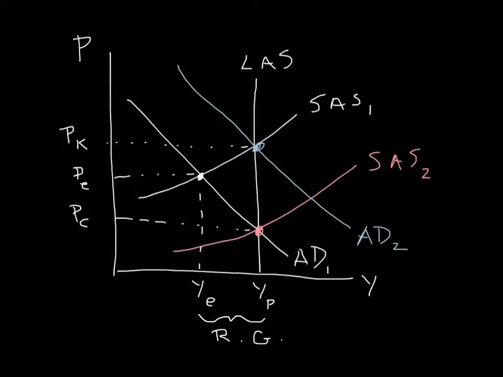One comment that we can make here is that the idea of waiting, the classical idea of waiting for this short-run aggregate supply curve to shift down and to the right, that may take a very long time. For example, look at the Great Depression or look at Japan during the first decade of the 2000s.